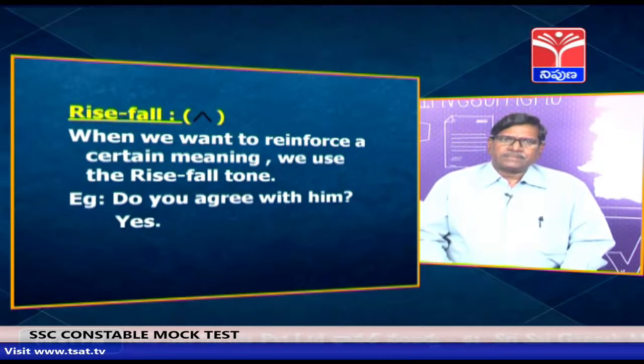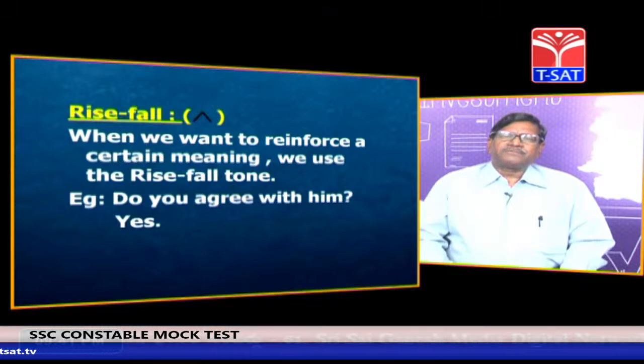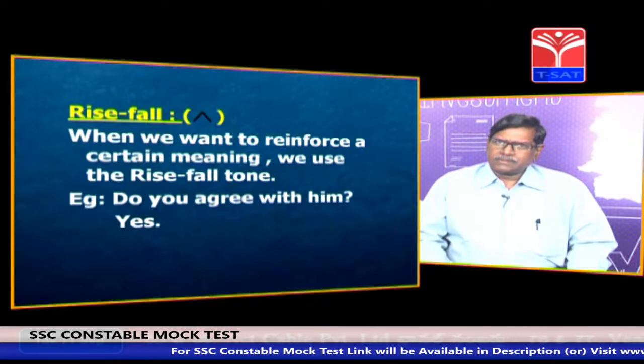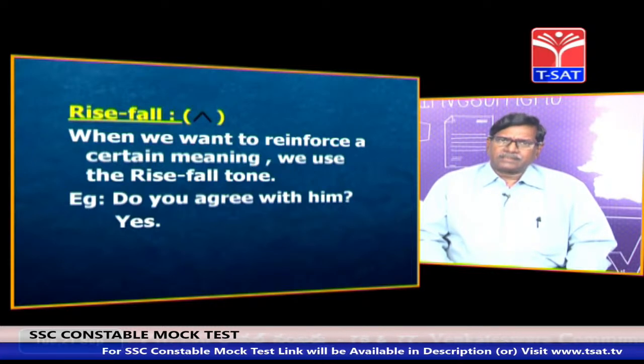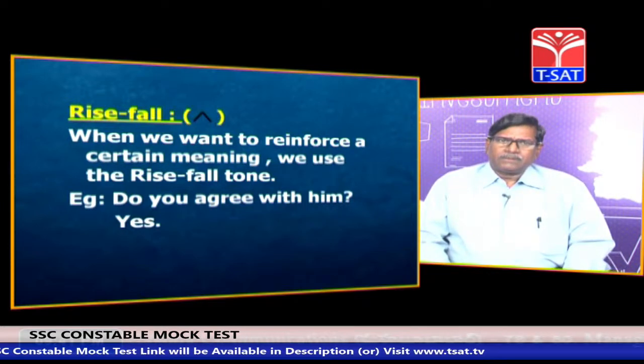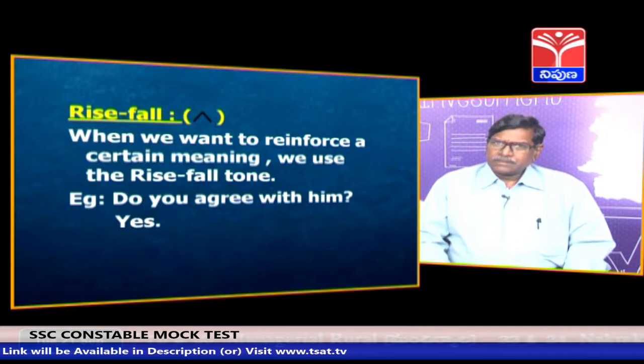Fall-rise. When there is a sense of doubt, we use fall-rise tone. For example, a question. Is Ramesh a nice man? A nice man? Is Ramesh a nice man? What are you talking about? Ramesh?